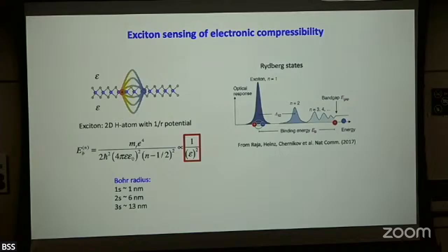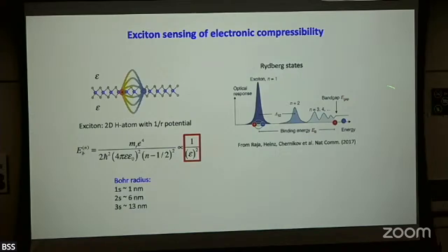So if we optically excite this, we have an electron and a hole, and because of this reduced dielectric screening, the interaction here is very strong. So the exciton binding energy, which is the difference between the fundamental exciton and the band edge, can be half an electron volt, so something huge.